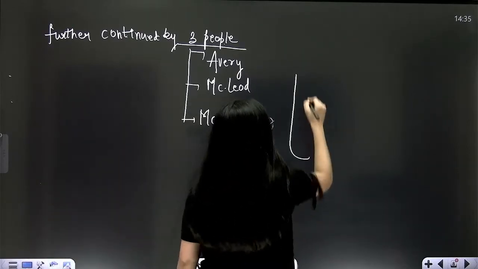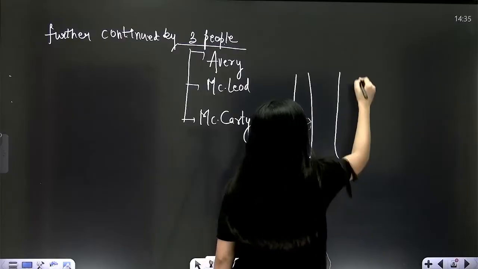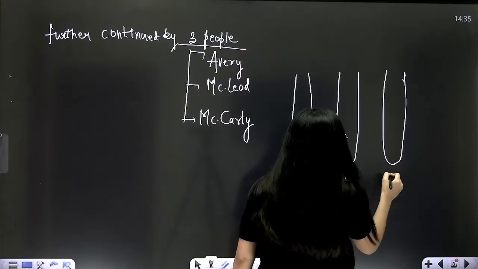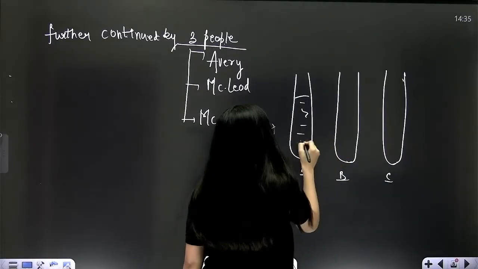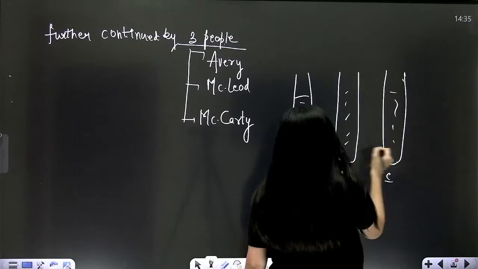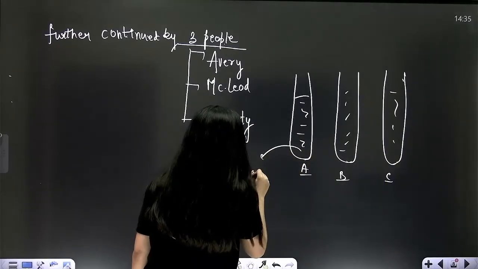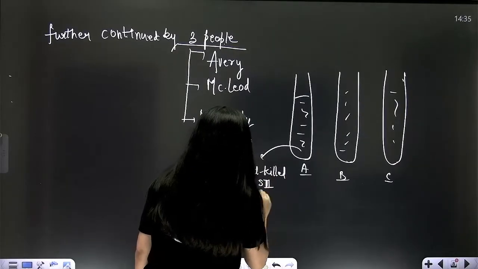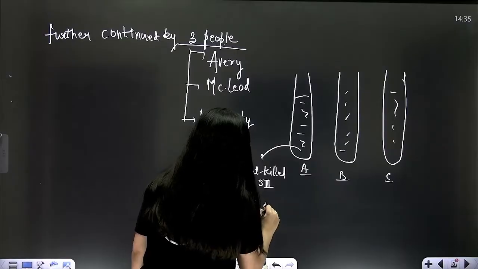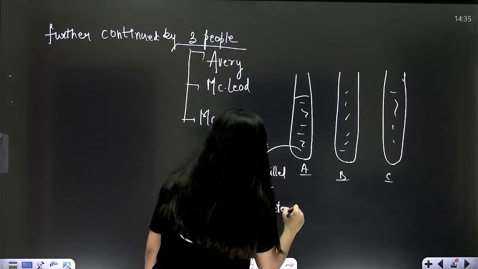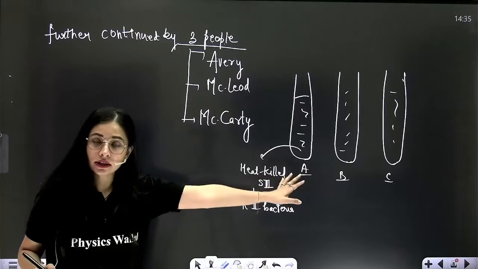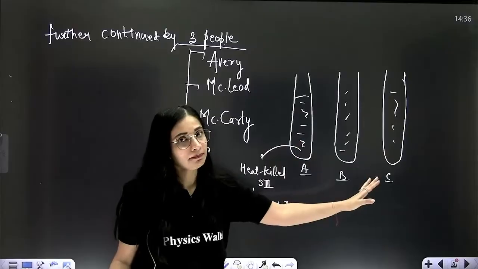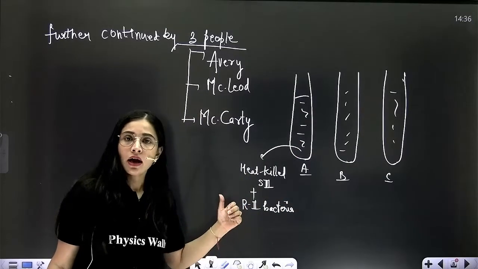Beta, they took 3 test tubes, right? They took how many test tubes? 3 test tubes. In each test tube, they prepared the same medium containing heat-killed S3 along with R2 bacteria. In all the 3 test tubes, these 3 people added the same medium having heat-killed S3 and R2.